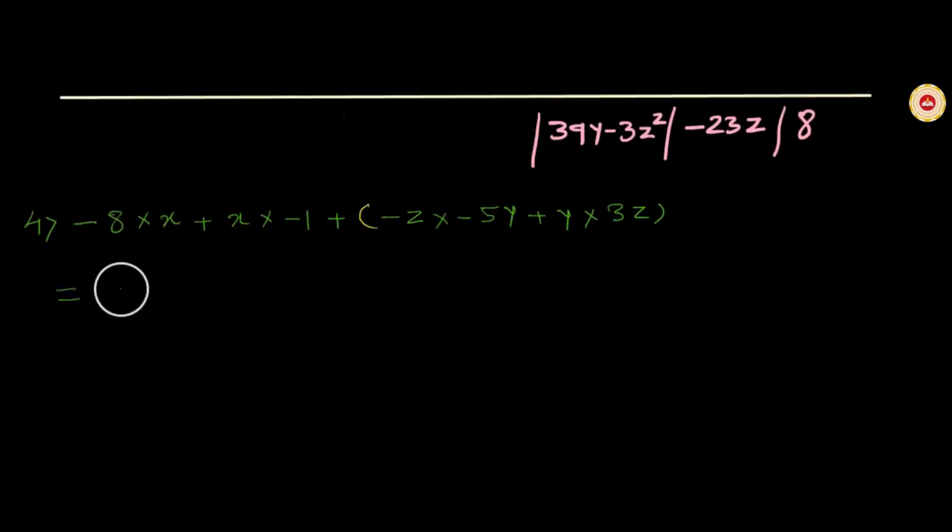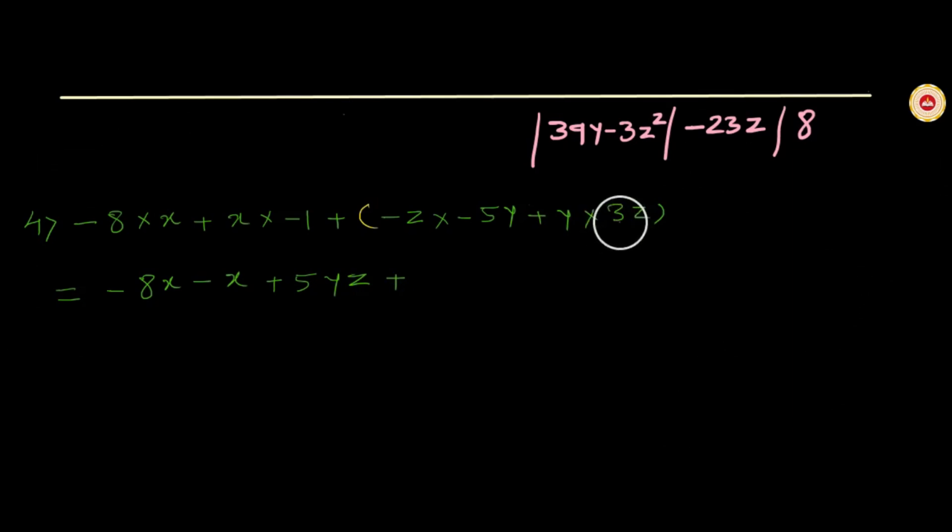Minus 8 multiplied by x is minus 8x, plus x multiplied by minus 1, that is minus x, correct? Plus minus z multiplied by minus 5y. Minus minus will become plus in multiplication. Okay, so 5yz, plus 3yz.